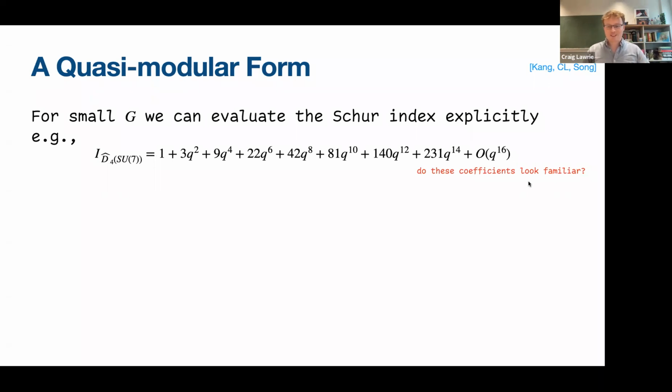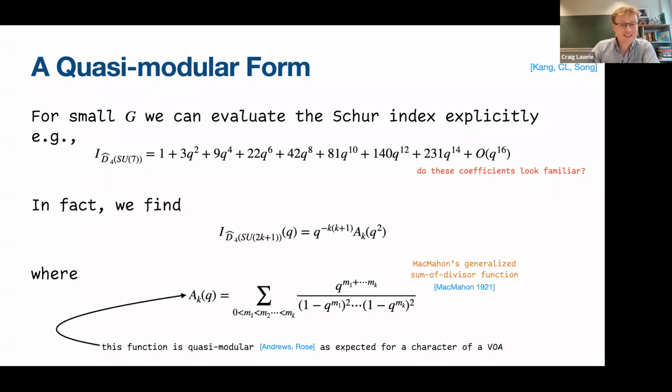This is the point where I have to sort of forbid Antoine from answering this question, as he's seen this talk before. But I have a suspicion that, generally speaking, these coefficients do not look very familiar. In fact, they're essentially the coefficients that appear in the Q-series expansion of the generating function of something called MacMahon's generalized sum-of-divisor function.